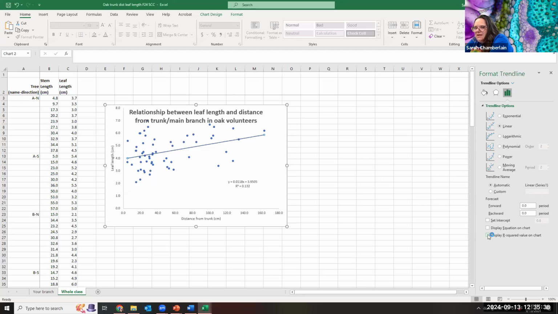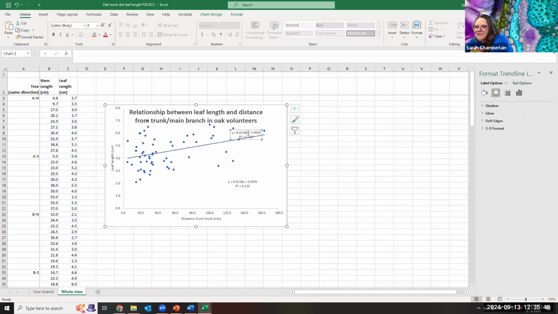And then you can also say display the R squared. Boop. So it already did that. So it's doing it again now because I asked it to again, because I asked for the trend line twice. I basically just totally screwed this up, but right? Yeah. Okay. So does that get you everything you need?